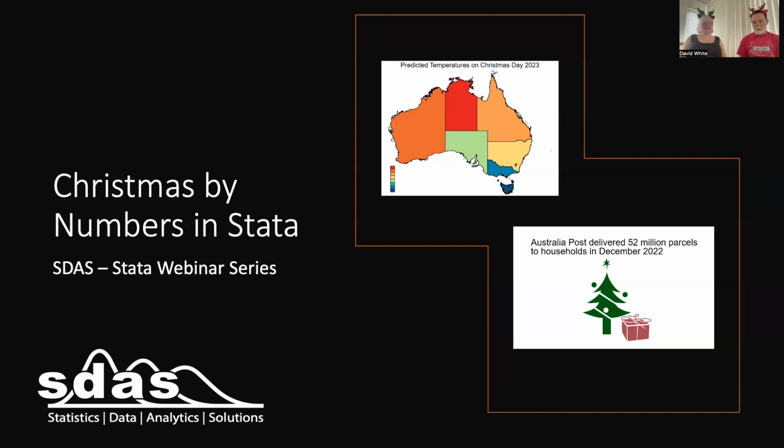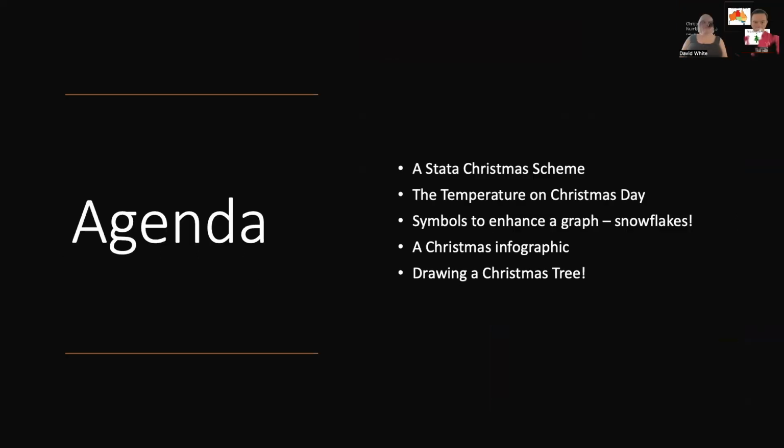Now we're going to change our background so you can't see these here. Our agenda for today, we're going to have a look at the Stata Christmas scheme. This is a scheme especially designed to allow you to show stuff Christmassy in Stata. Then we'll have a look at a set of graphs on how to measure the temperature of the different capital cities in Australia on Christmas Day and how we've made that look Christmassy.